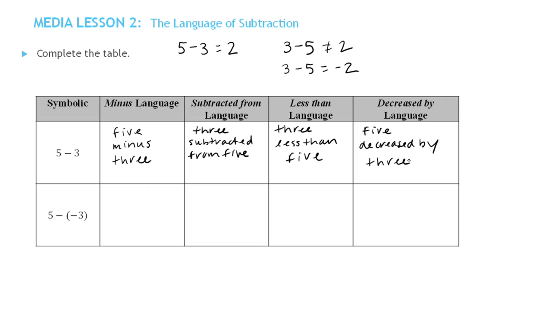Let's do one more example where one of the numbers is negative so we can just practice using both of these ideas. So notice this is representing our operation of subtraction, and the number 3 is negative. So this is 5 minus -3.